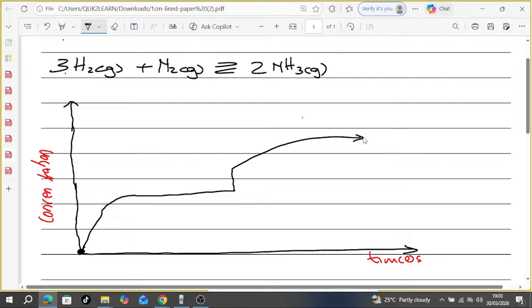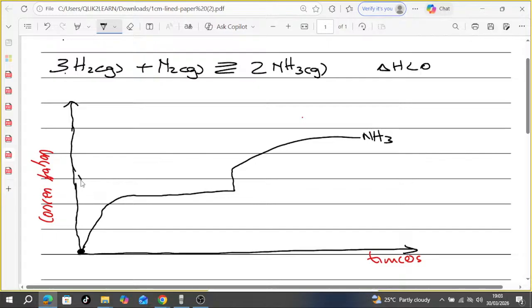Are we still using delta H less than 0? So this will be my product, which is NH3. Then the reactants: this one will start here, go down, then when it reaches this point, we go up. Then from here it will go up like this.